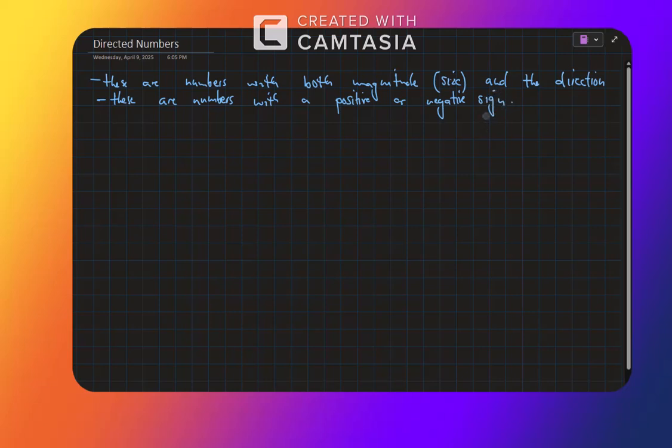They have both negative and positive signs, which show how far a number is from 0 and in which direction, right?